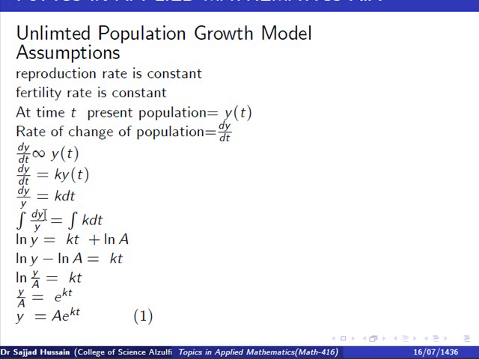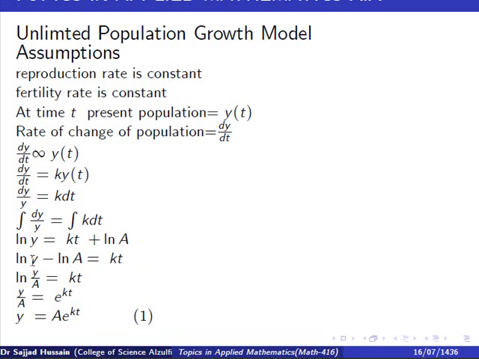The integration on the left hand side is very simple, it is a logarithm. Log of y is equal to kt plus log of a, because on the left hand side the function is log of y, so the constant of integration is taken as log of a for simplification. We transfer log of a to the left side: log of y minus log of a is equal to kt.